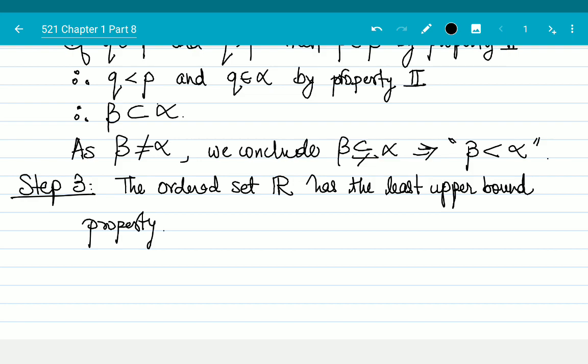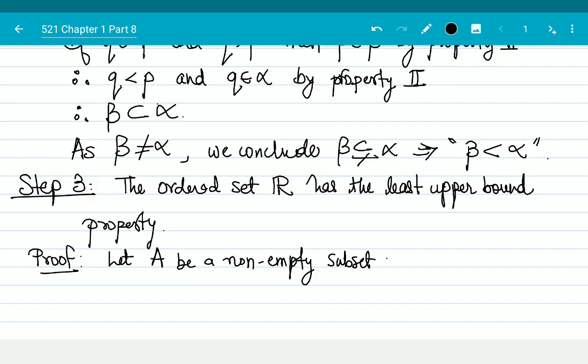Okay, so to prove this, let A be a non-empty subset of R. Keep in mind the elements of R are cuts.